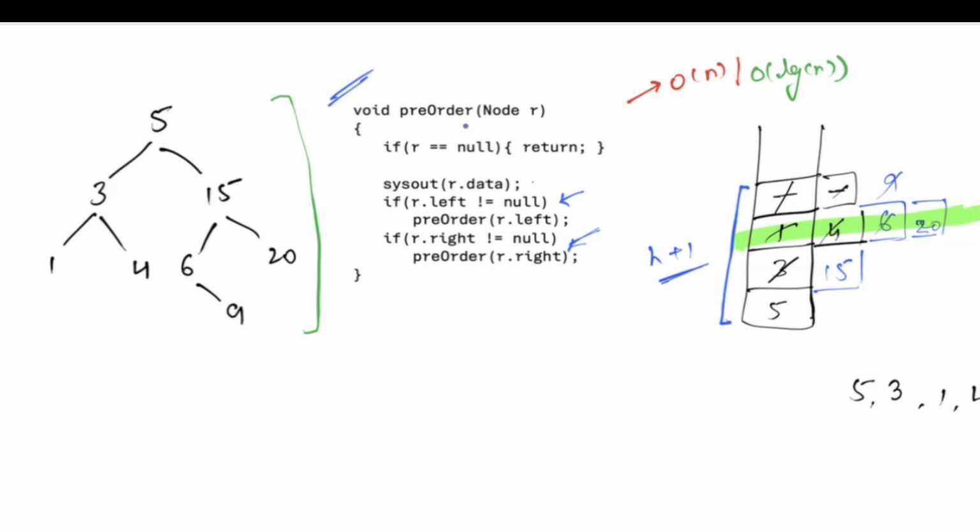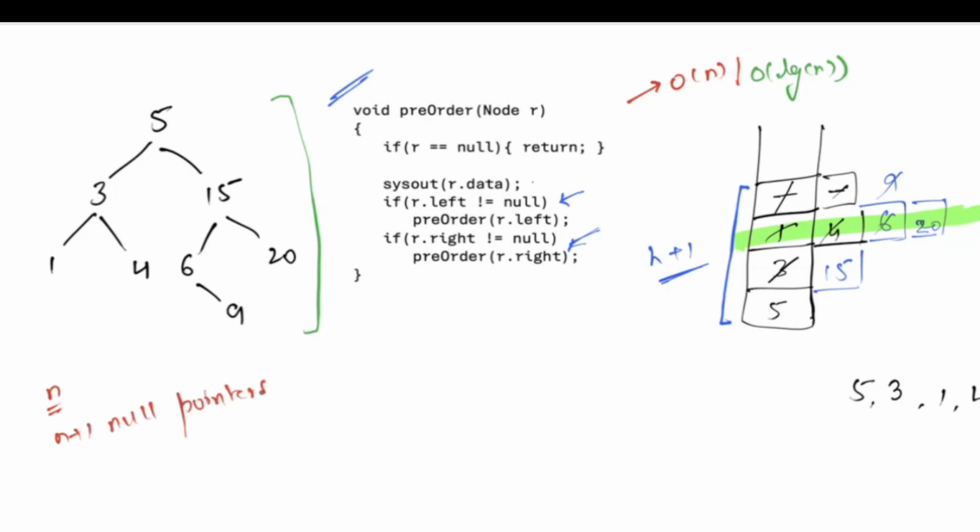So let us see how many leaf nodes are there. Instead of leaf nodes, let's say how many pointers are there. If there are n nodes in the binary tree, then there will be n plus 1 null pointers in the tree.